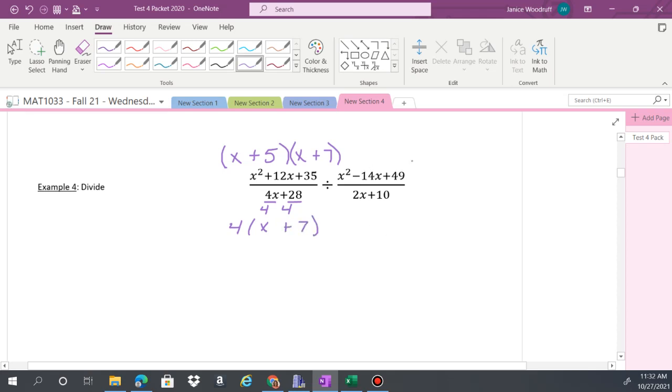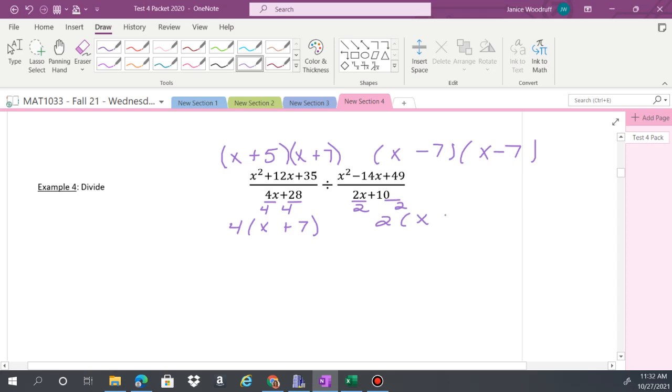X squared minus 14x plus 49. Multiplies to 49 and adds to negative 14. Good. It's negative 7, negative 7. So this is why we want to be good at factoring, because once you get it factored, it's pretty simple. 2x plus 10, we can divide both of those by 2.